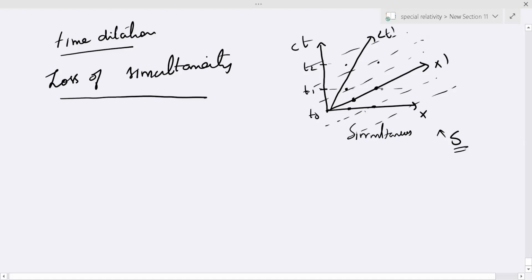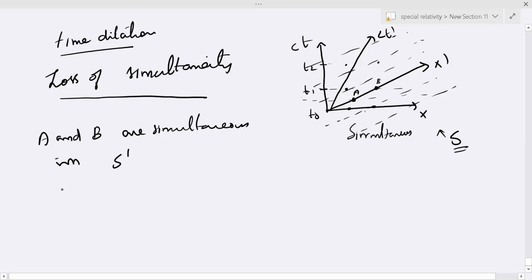These two events are simultaneous for S prime because they lie on the x prime axis. Let me call them event A and event B. A and B are simultaneous in S prime.